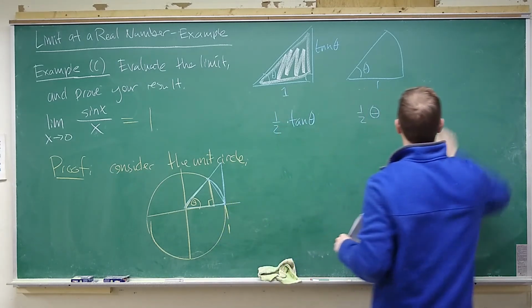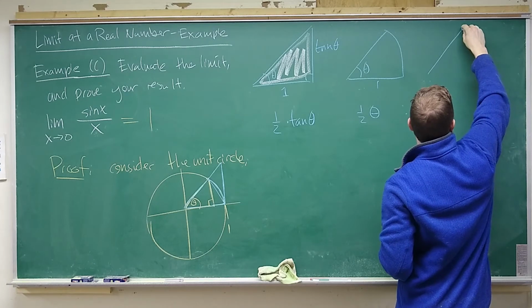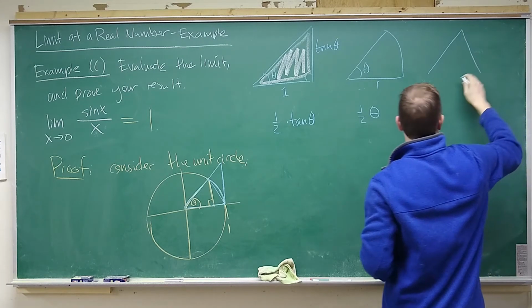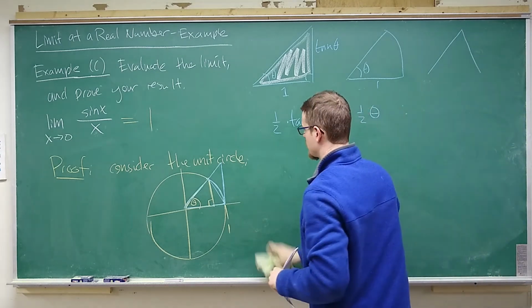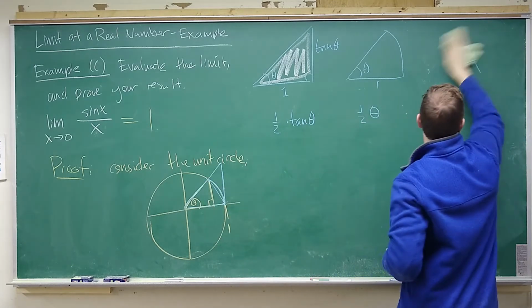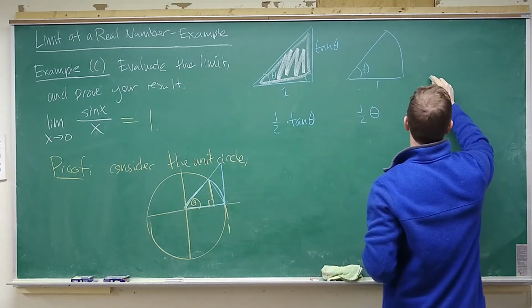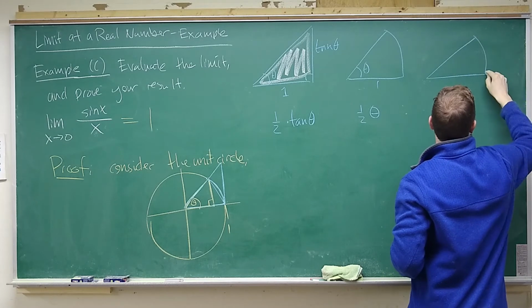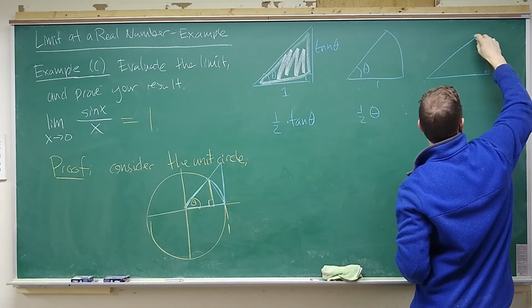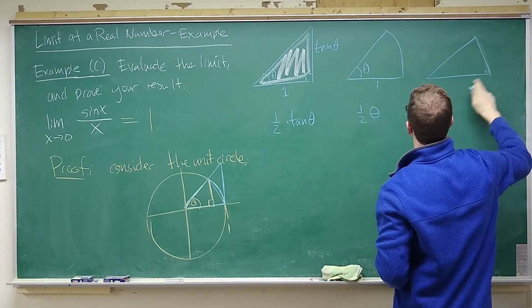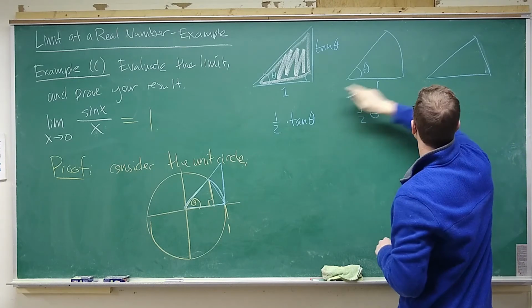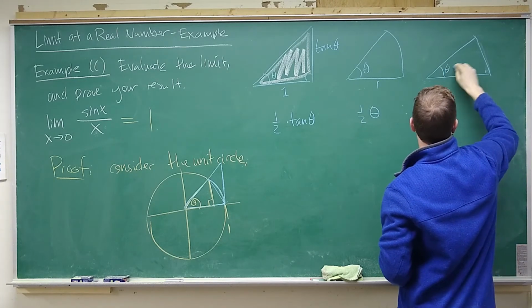And then we would have last the triangle generated by connecting these 2 points. So let's get a little bit better representation of that here. There we go. Except not curved, it's straight. Largest to smallest area.